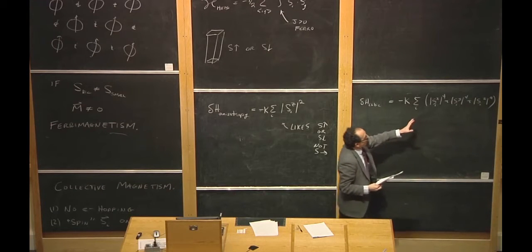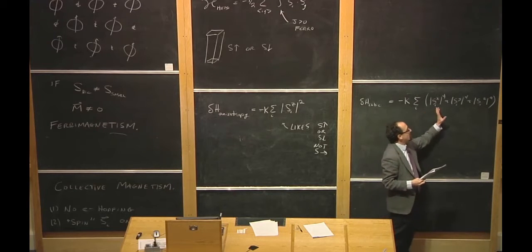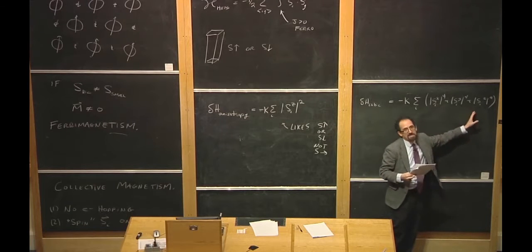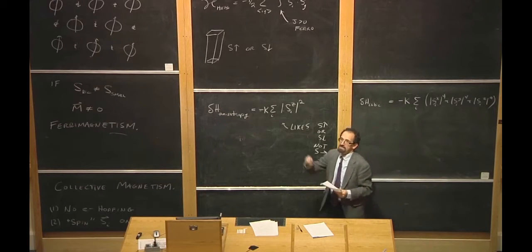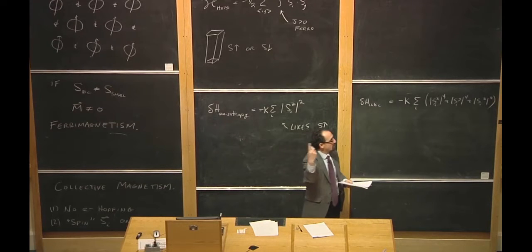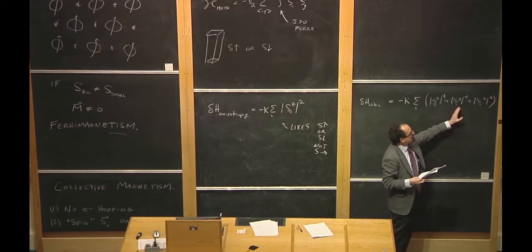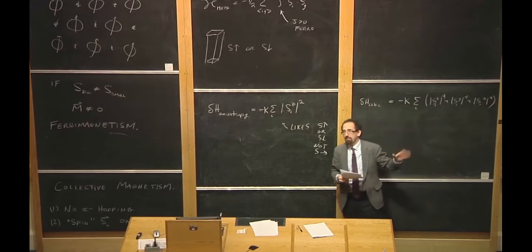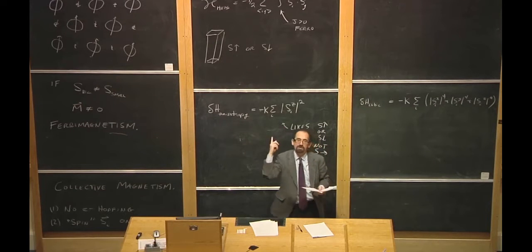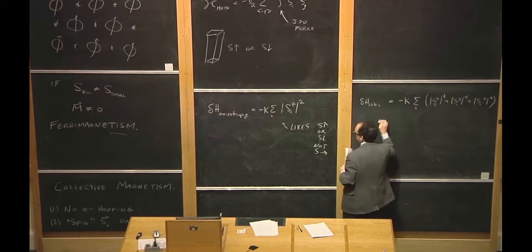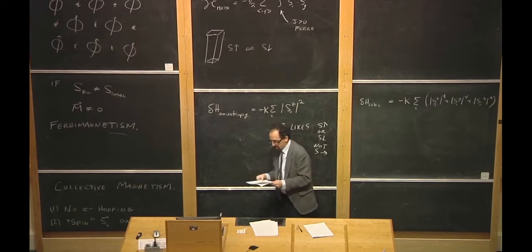I wrote this to the fourth power because if I wrote them to the second power, you'd just get S_x squared plus S_y squared plus S_z squared, which is just S squared, the magnitude of the spin, and that doesn't care which direction the spin is pointing. But with fourth powers, the spin prefers to point along one of the crystalline axes, but not in between. We might consider this one a little bit as well, but mainly we're going to focus on the previous one.